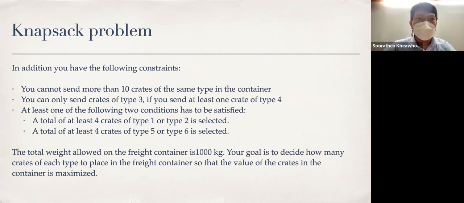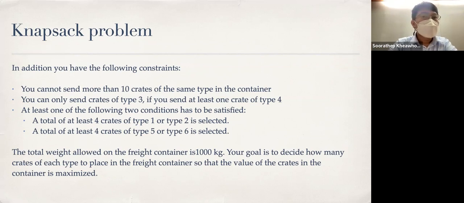It's already defined. That means if x4 is 1 and x3 is 2, I ask you, is it satisfying this constraint? Yes, why not? The condition just says you send x3 if you send at least 1 of x4.